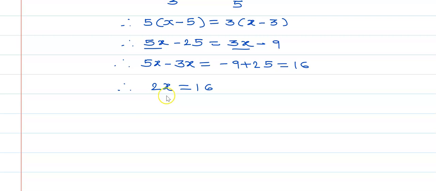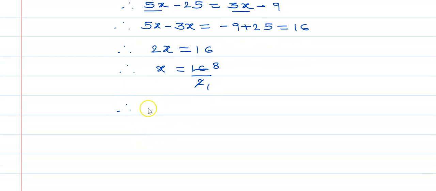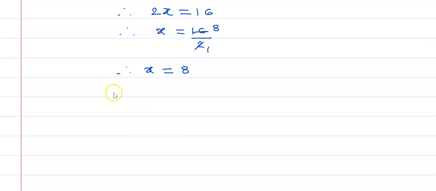As 2 is multiplied to the x, when we transpose to the right hand side, it will become divided. That is 16 upon 2, and then simplify. 2 ones are and 2 8s are 16. Therefore here you will get x is equal to 8. Therefore x is equal to 8.